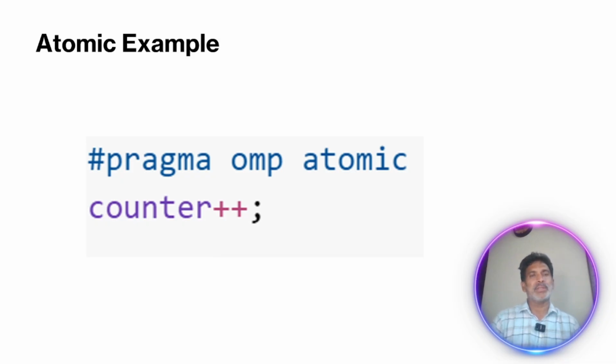And if you look at the limitations, atomic cannot be used for multiple statements or complex logic, and is mainly limited to specific types of operations. So atomic operations provide a fast and efficient way to ensure thread safety for simple updates, making them a preferred choice over critical sections when applicable.